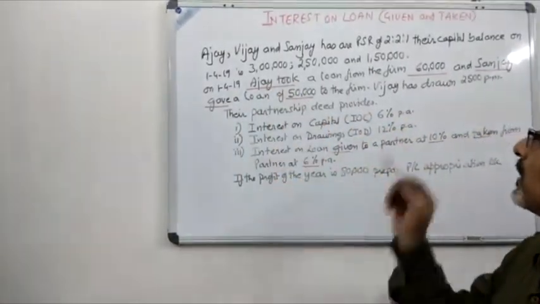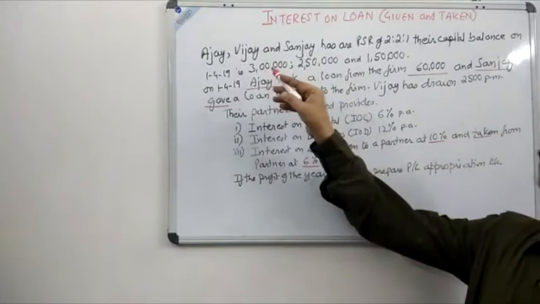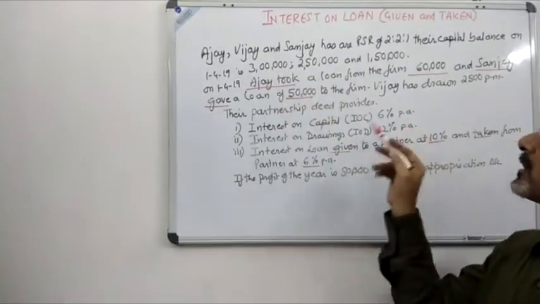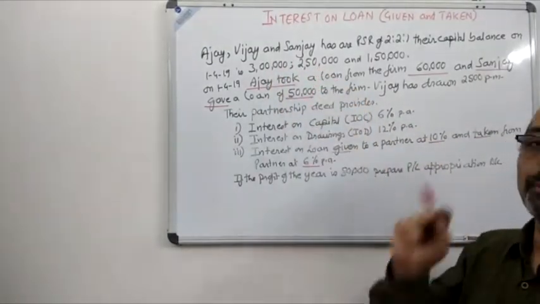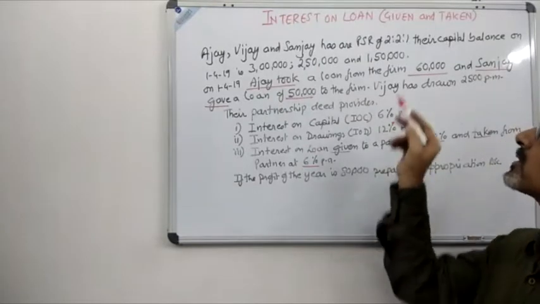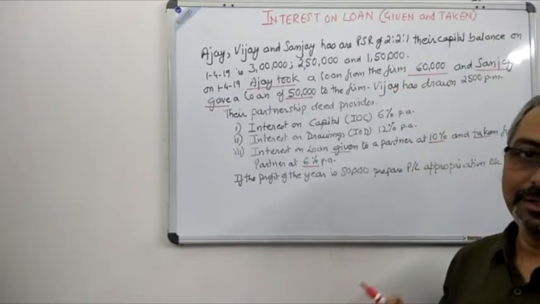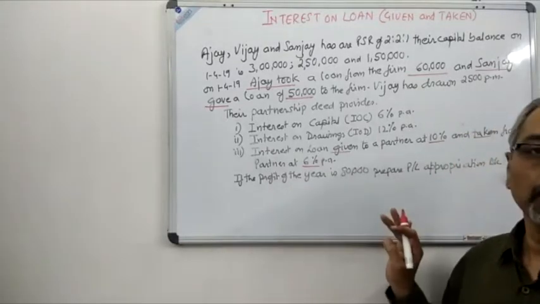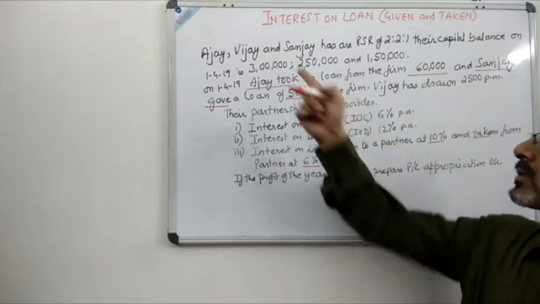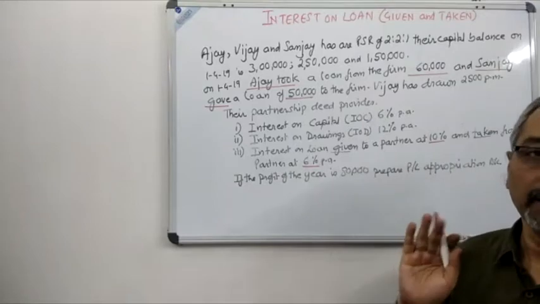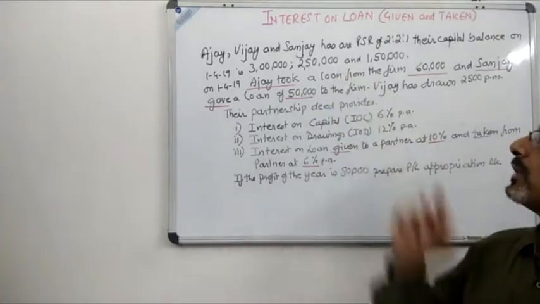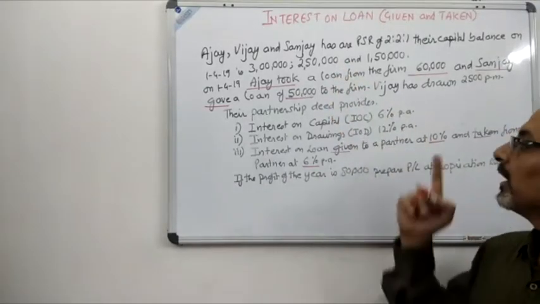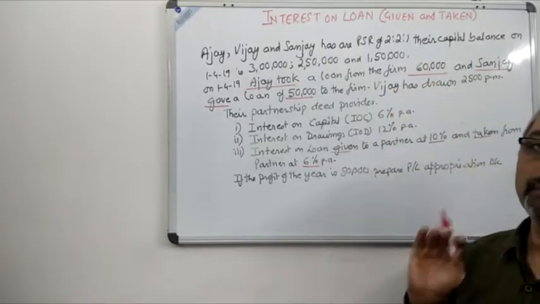You can see over here it is 6% of 3 lakh, it will be 18,000. 6% of 2 lakh 50,000 will be 15,000, and 6% of 1 lakh 50,000 will be 9,000. It is a very simple mental calculation, so I'm not showing the working. I repeat again: 6% of 3 lakh is 18,000, 6% of 2 lakh 50,000 is 15,000, and 6% of 1 lakh 50,000 is 9,000.